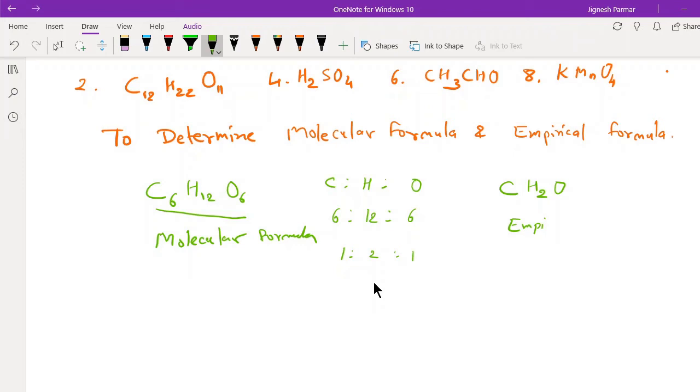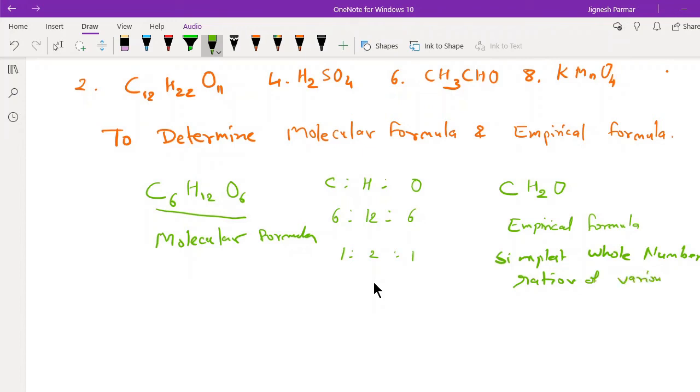What is this empirical formula? It's a simplest whole number ratio of various atoms present in a compound.